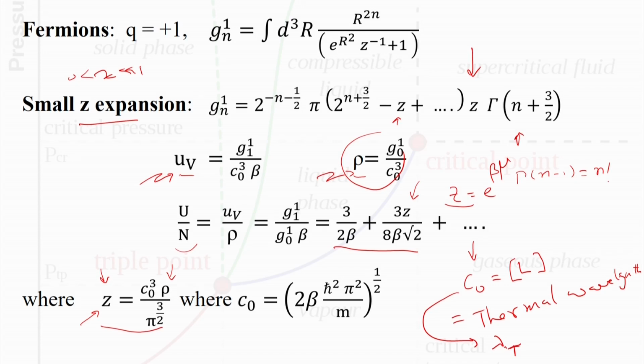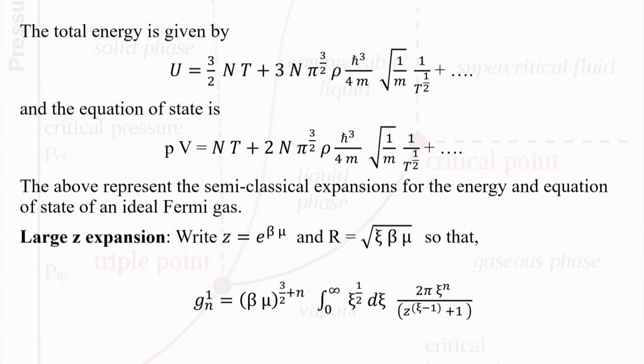Keeping that in mind, I can go ahead and substitute this formula for z in terms of rho, and I get a semi-classical expansion for the energy density of a quantum Fermi gas at high temperatures. Remember, semi-classical means high temperatures. At high temperatures, the leading contribution to the energy is the classical ideal gas result, which is U equals 3 halves n T. And then you also have quantum corrections.